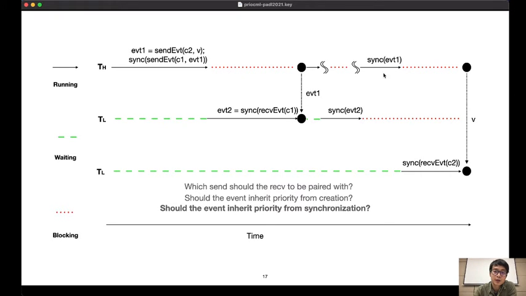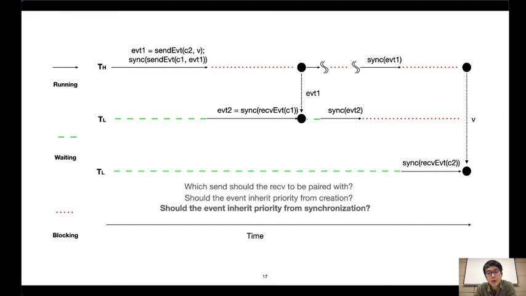As a result, if we consider the inherited priority from the synchronization, the EBT1 should be high priority, and the EBT2, the thread synchronized on EBT2, is a low priority thread, so it's a low priority synchronization. And as a result, we should be pairing with the high priority event. So we should be pairing with the EBT1 here. Now we have different options.